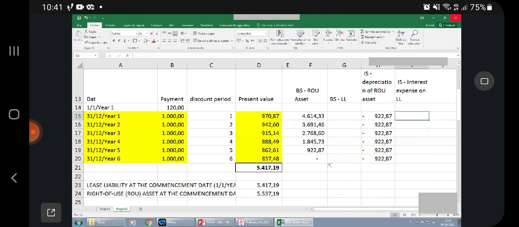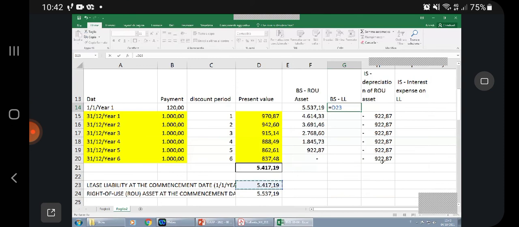Then, the interest expense. Just to give you the whole picture, I put here also the amount at the beginning of January of both the lease liability and the right of use asset.